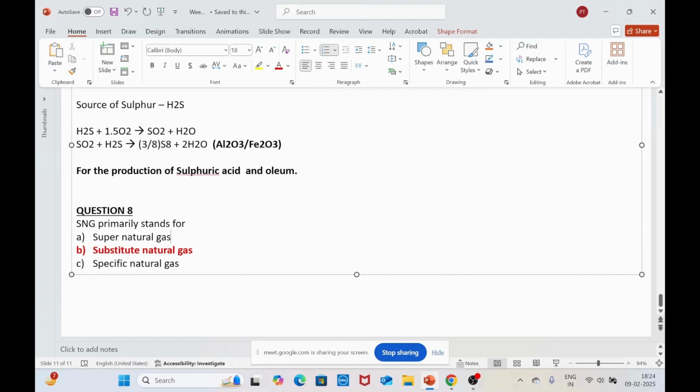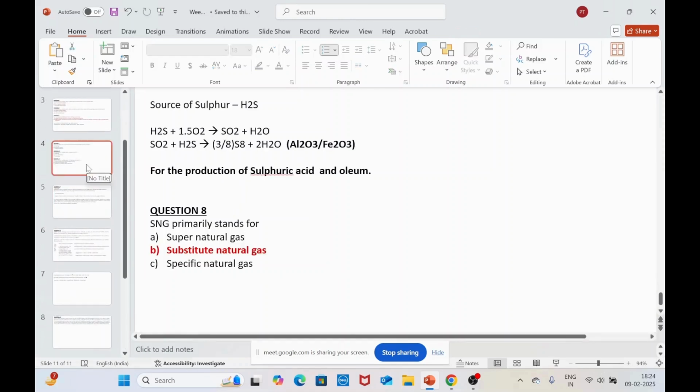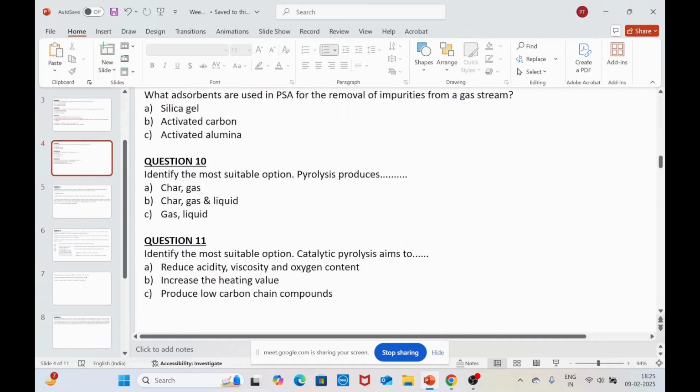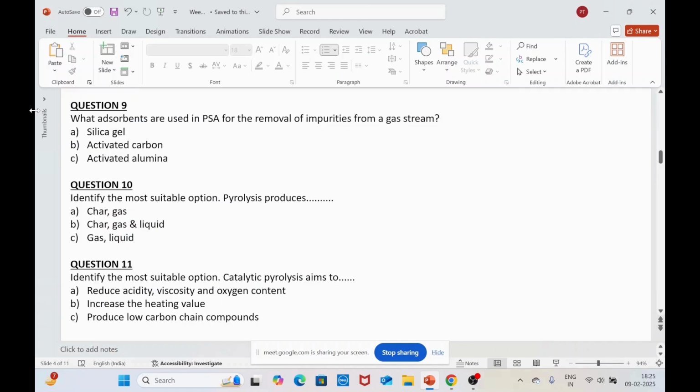So wherever we are using natural gas, we can use this substitute or synthesized natural gas at those places as well. So there is nothing much to discuss in this. Let's go to question number 9.